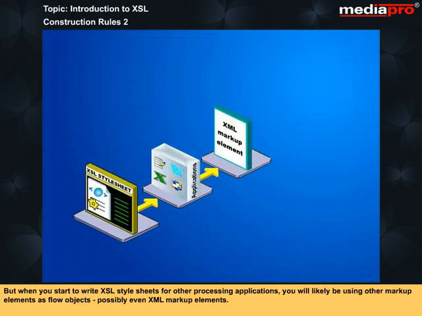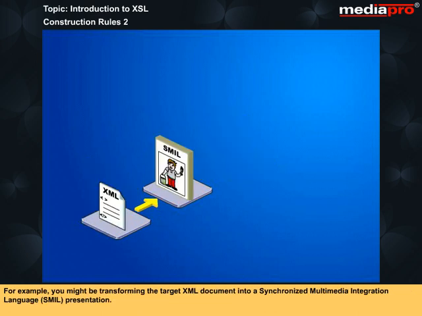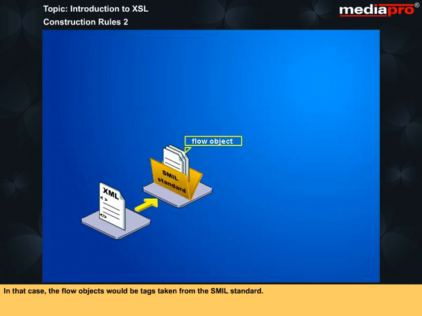But when you start to write XSL style sheets for other processing applications, you will likely be using other markup elements as flow objects, possibly even XML markup elements. For example, you might be transforming the target XML document into a Synchronized Multimedia Integration Language, or SMIL, presentation. In that case, the flow objects would be tags taken from the SMIL standard.